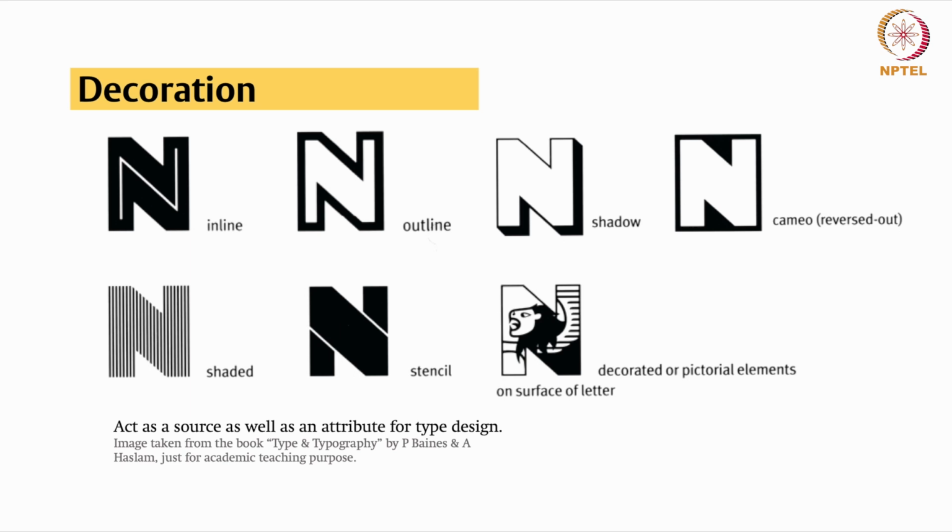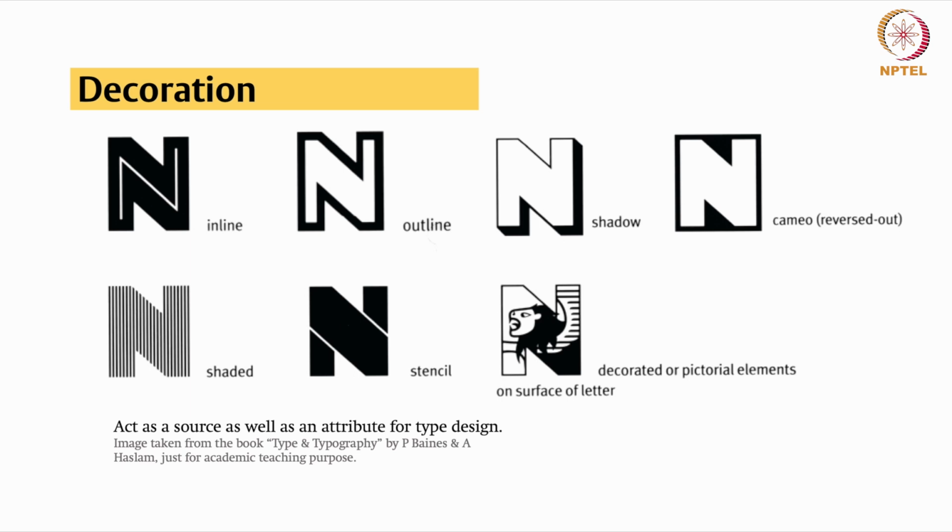This is often seen in retro, industrial, or engraved styles, adding depth and texture to the typeface. Similarly, in the third example a shadow has been used, in the fourth example a reverse approach has been taken, and in the last example an icon has been used, which is a kind of juxtaposition of letter with image.